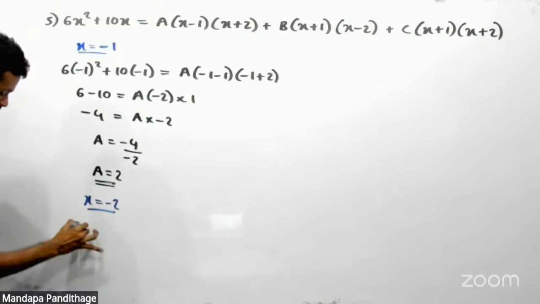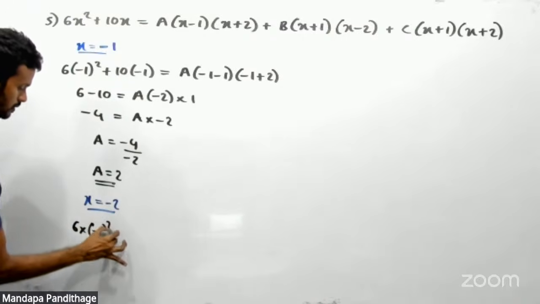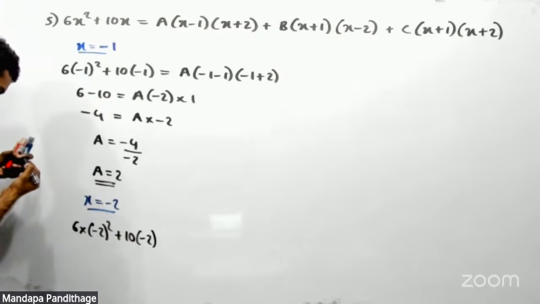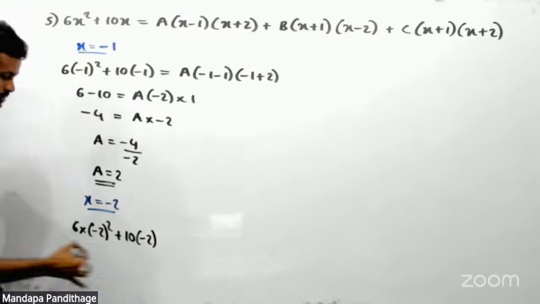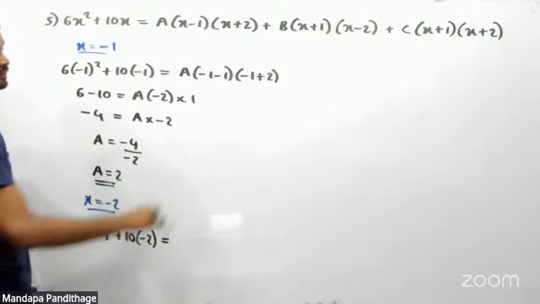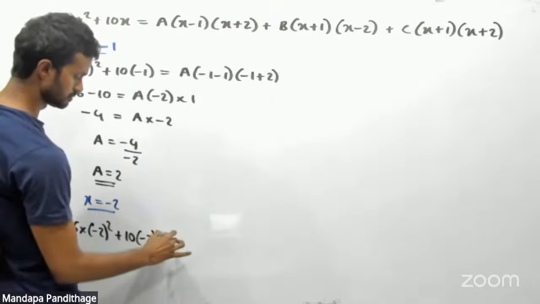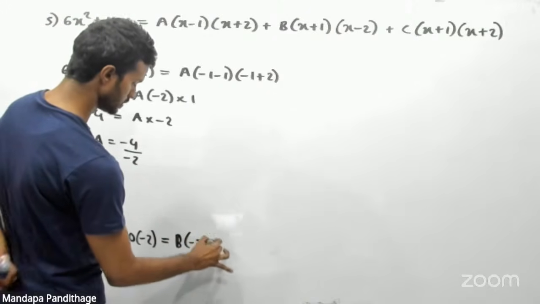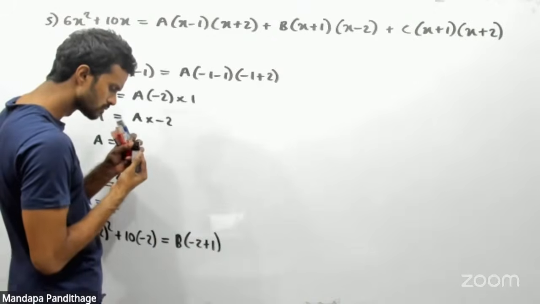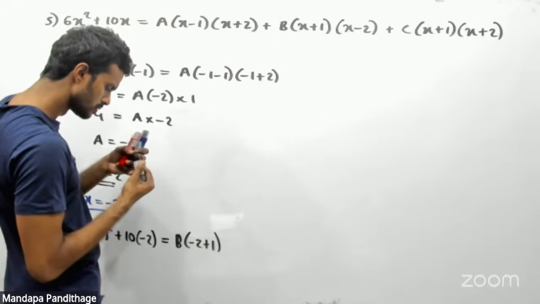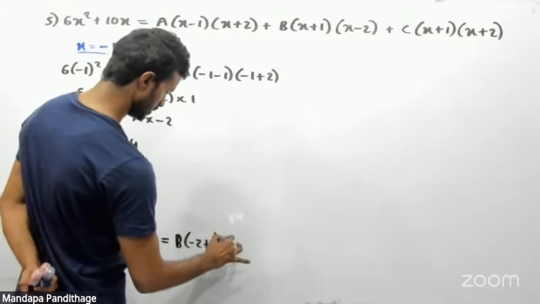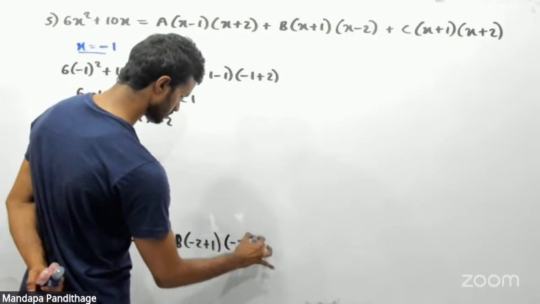6 into minus 2 squared plus 10 into minus 2 is equal to, then this becomes 0, c cancels off, b times minus 2 plus 1 and minus 2 minus 2.